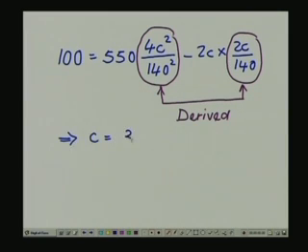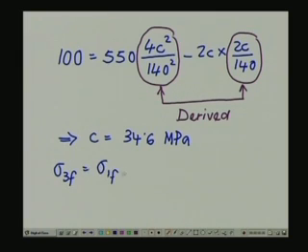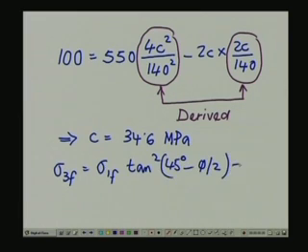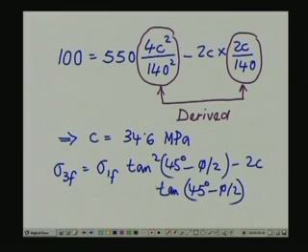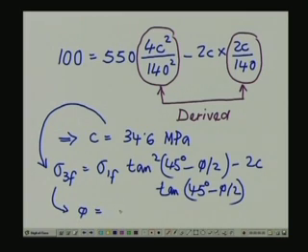When we complete the calculations, c can be shown to be equal to 34.6 MPa, and when you back substitute this value of c in the original equation, sigma 1f equal to sigma 3f multiplied by tan square (45 degree minus phi by 2) minus 2c tan of (45 degree minus phi by 2), the equation that we derived earlier, what you get is phi equal to 37.4 degrees.